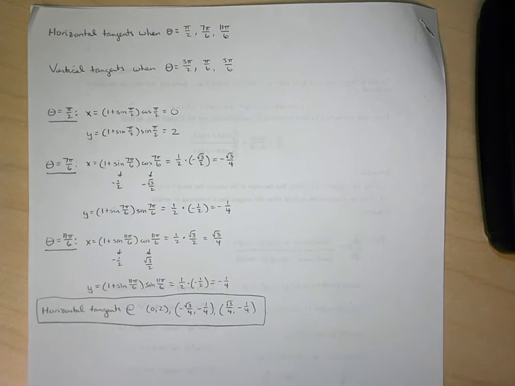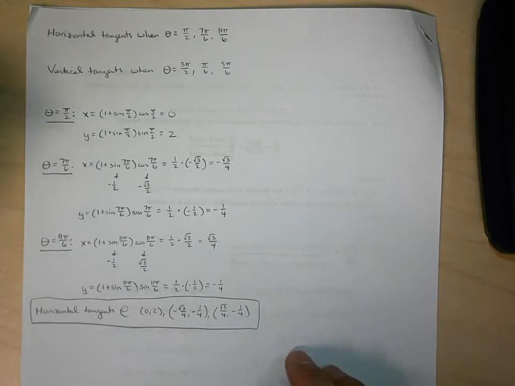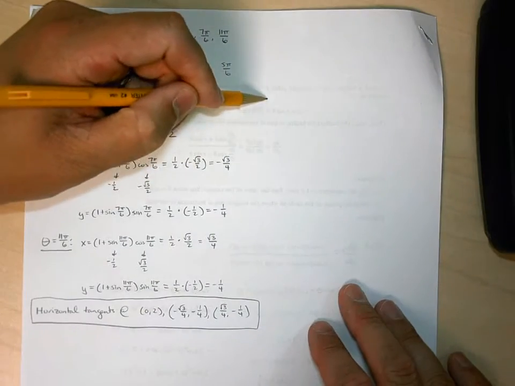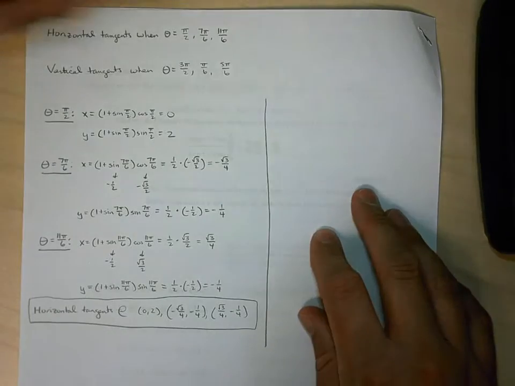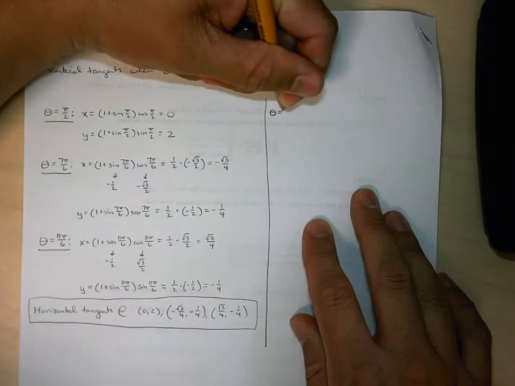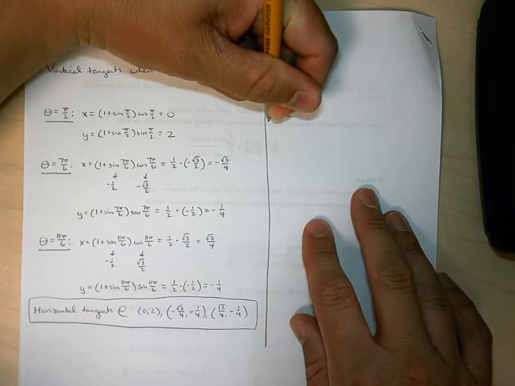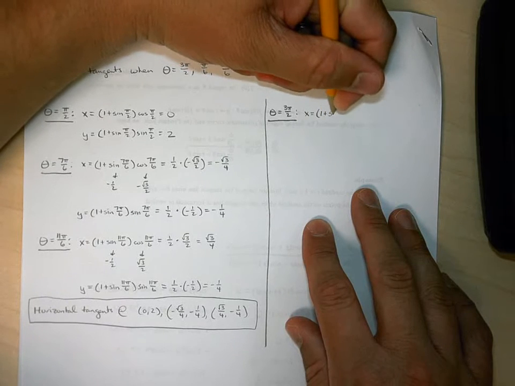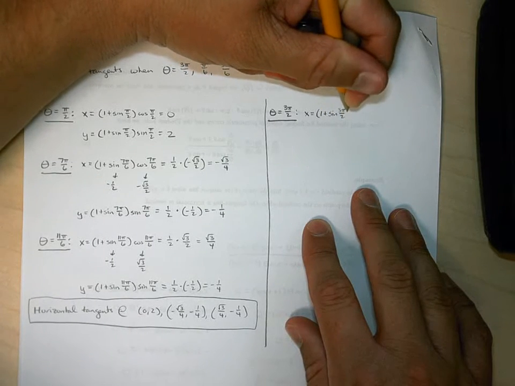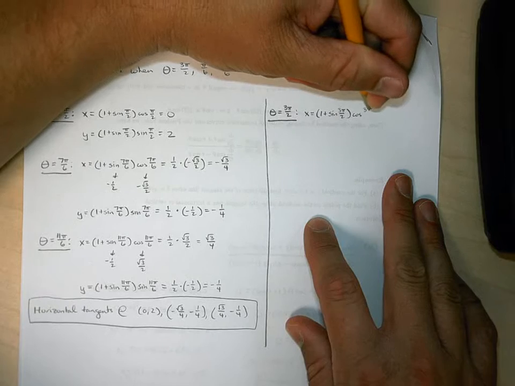Next, let's look at the vertical tangents. Well, when theta is 3 pi over 2, x is 1 plus the sine of 3 pi over 2 times the cosine of 3 pi over 2.